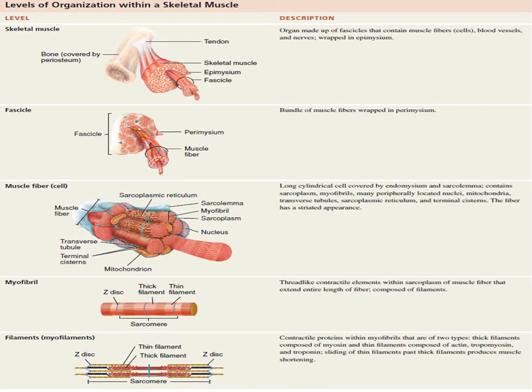Next is the myofibril, a thread-like contractile element within the sarcoplasm of the muscle fiber that extends the entire length of the fiber and is composed of filaments.